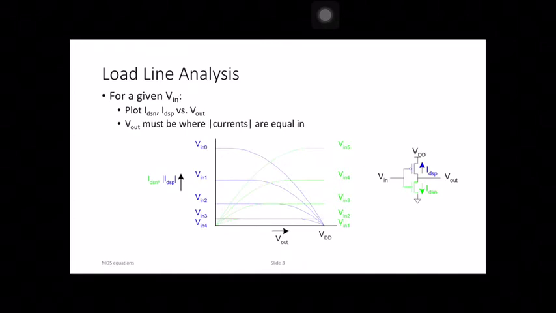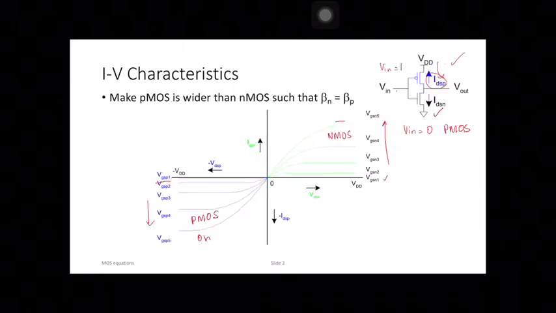So if we flip the previous curve of the PMOS, we flip it on the x-axis, so it will be here, and then you flip it on the y-axis, it will be flipped onto the NMOS line.